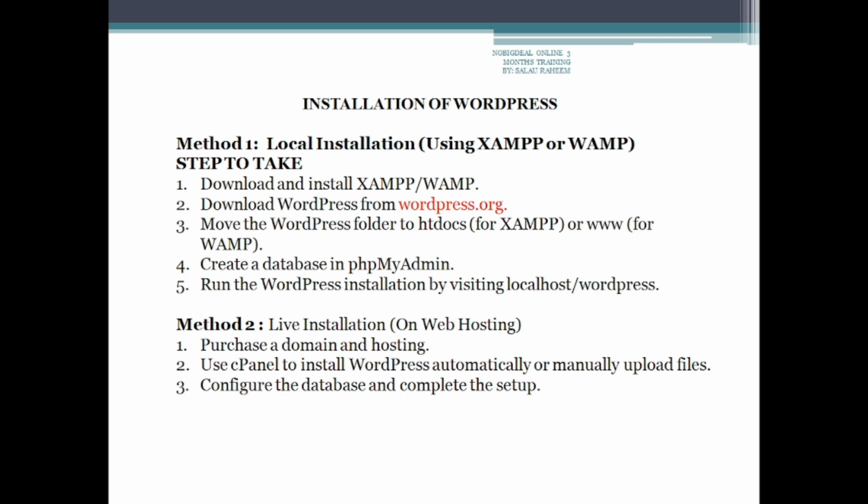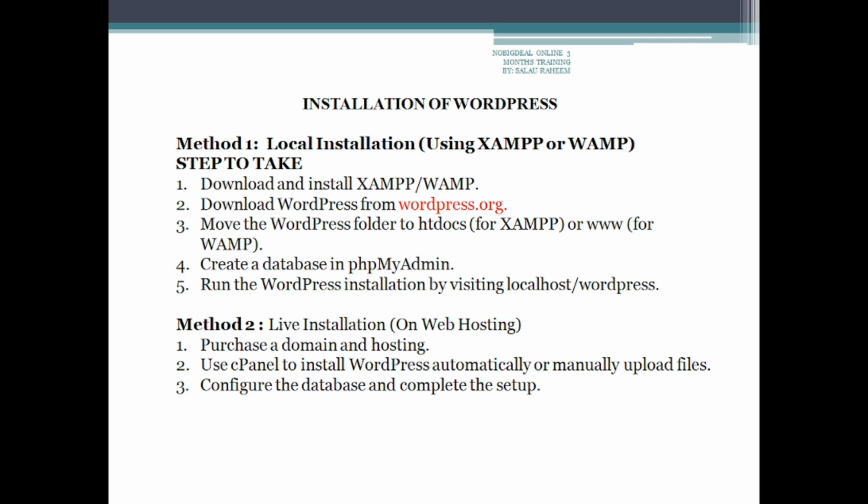You create a database in your phpMyAdmin. Then you start running your installation. If you try out this method and you don't know how to use it, you can let me know by commenting that you want a tutorial on how to do it. Then I will help us on that.